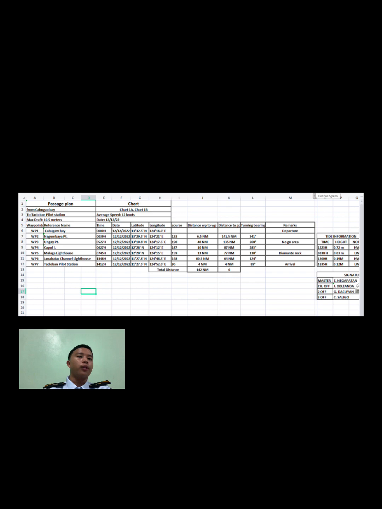Waypoint 7 is our arrival, the Tacloban pilot station. Our course is 96, the distance is 4 nautical miles, the distance to go is 4 nautical miles, and the turning bearing is 89 degrees. The total distance of our waypoint to waypoint is 142 nautical miles.